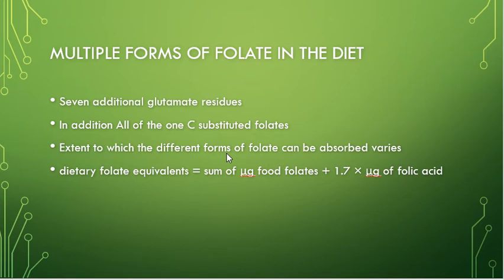The extent to which the different forms of folate can be absorbed varies, and folate intakes are calculated as dietary folate equivalents, that is the sum of the microgram of the food folates plus 1.7 multiplied by microgram of the folic acid used in food enrichment.